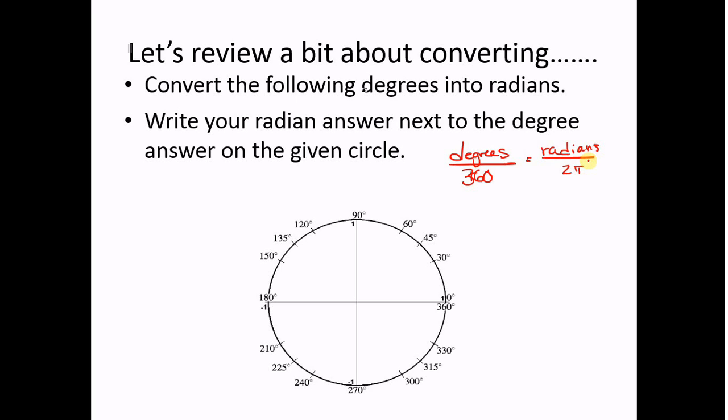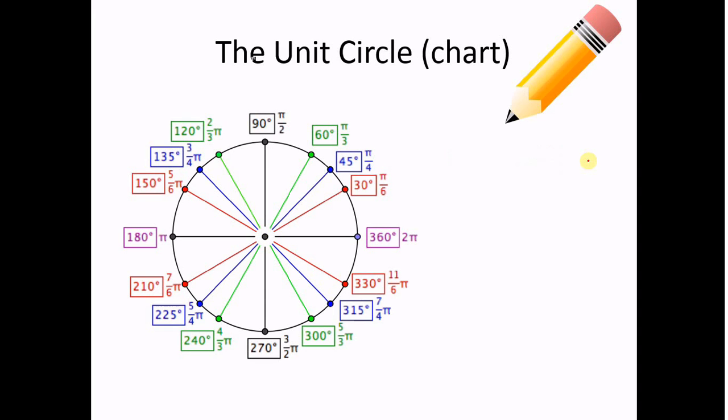Now, let's actually write the radians next to the degrees. So you're going to want to pause here for a quick minute and definitely write down all of the radian measures beside their counterparts in degrees. So pause right now and then write those down quick.